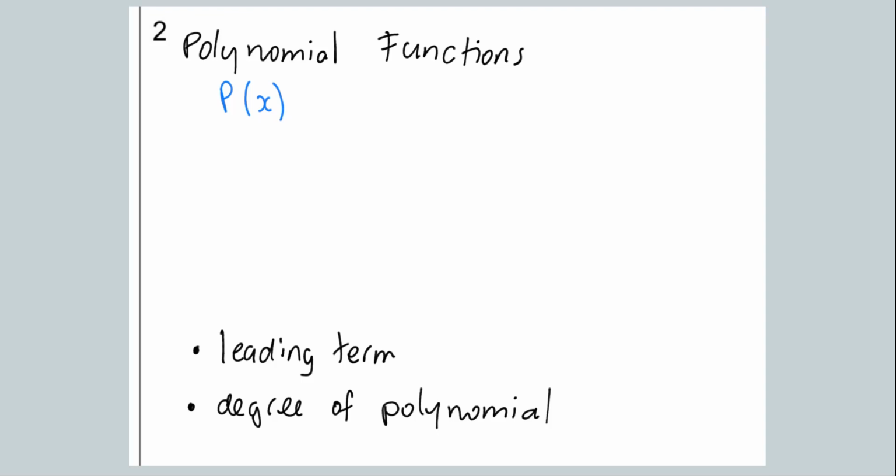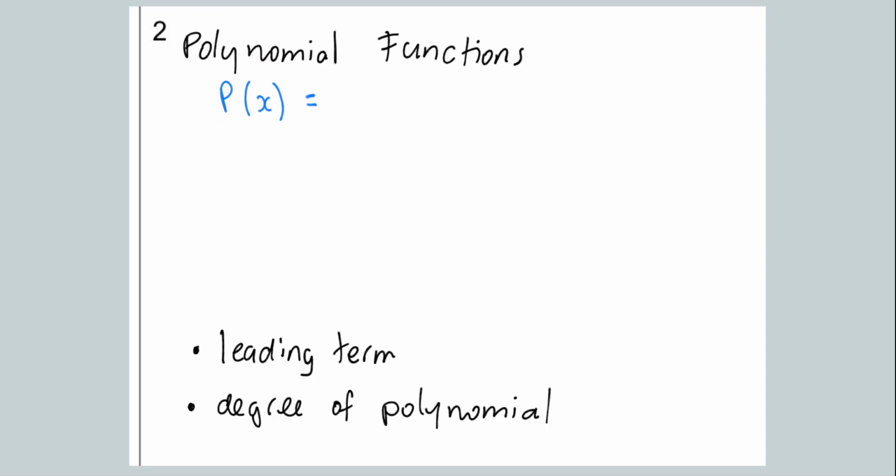The rest of the expression is written in terms of the independent variable. So it's a function because x is like the input to a function, and P of x is the output of the function.